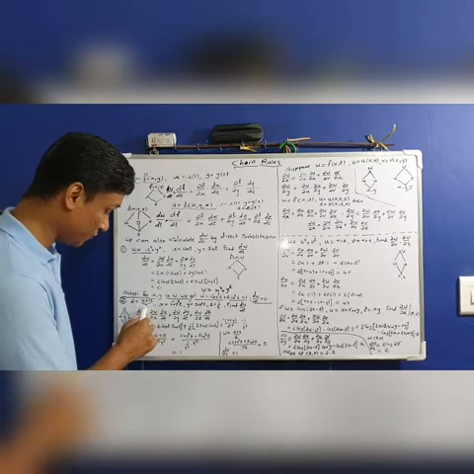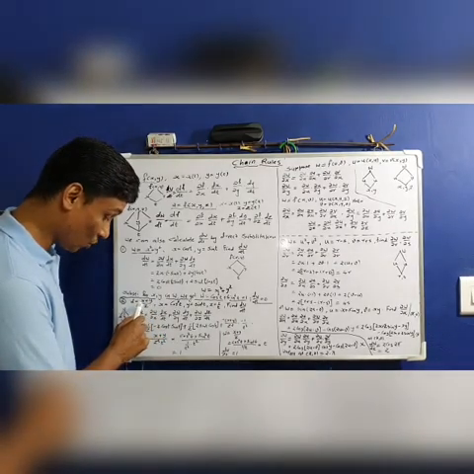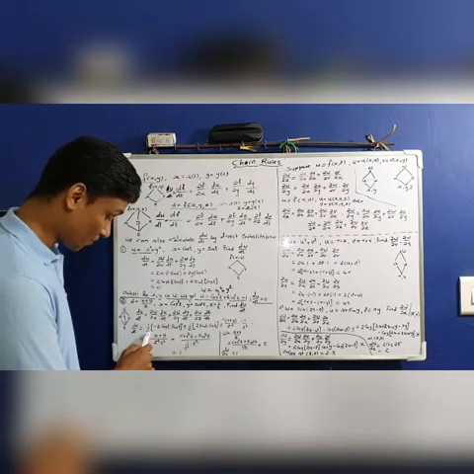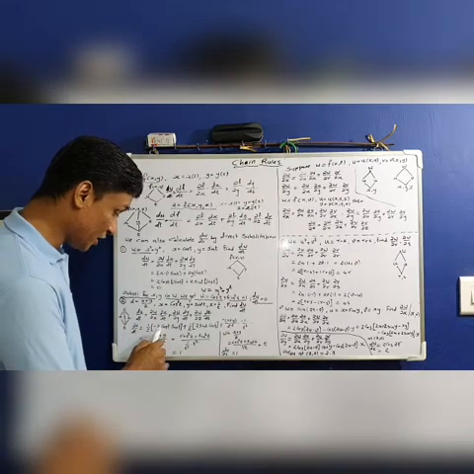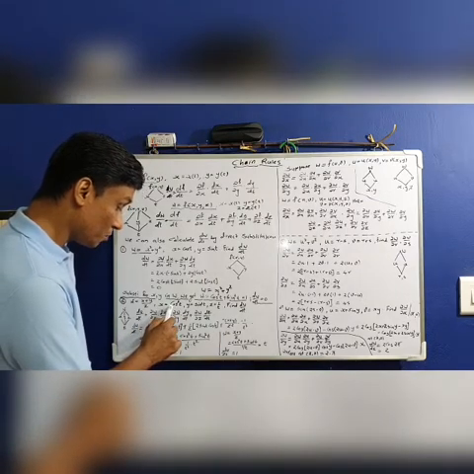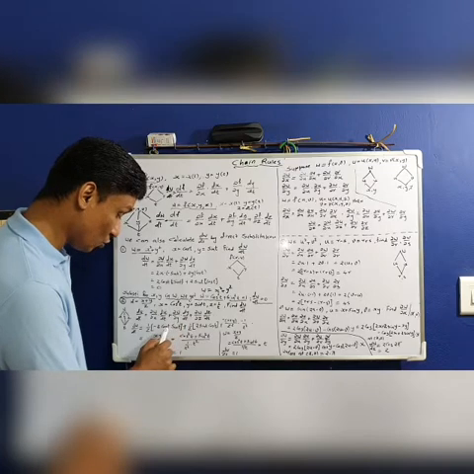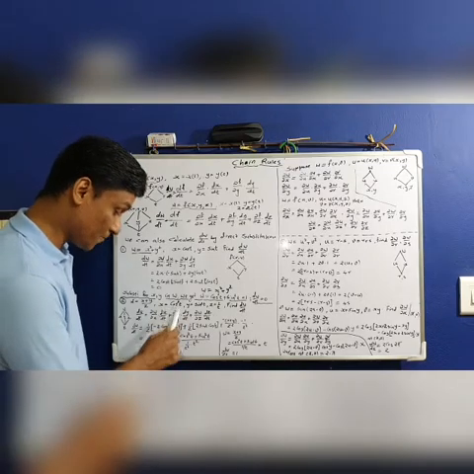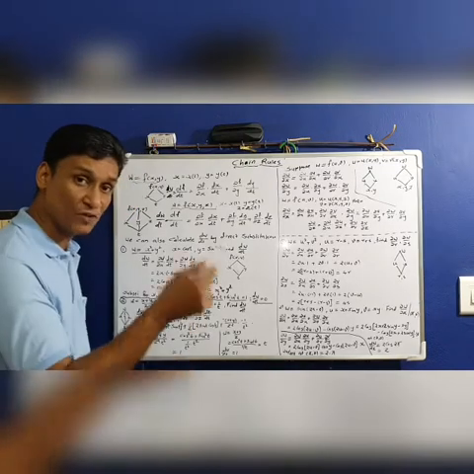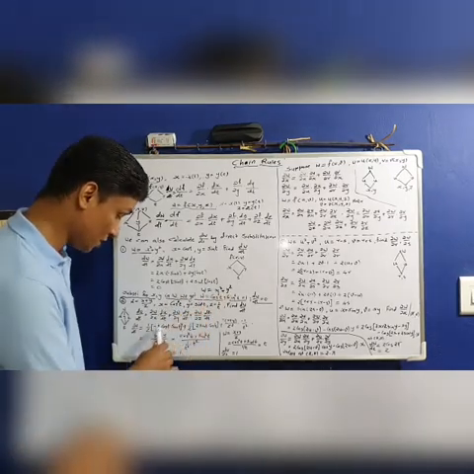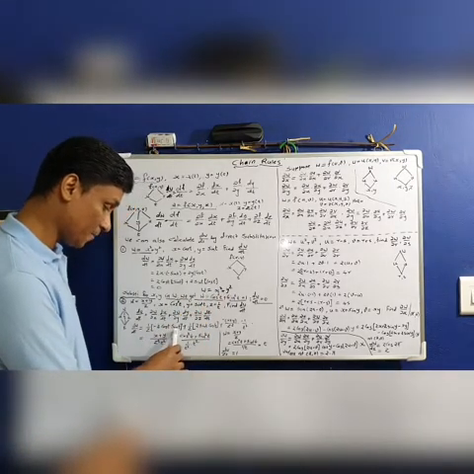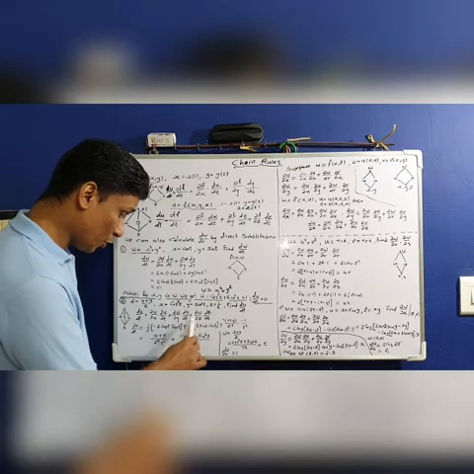So when you differentiate this with respect to x alone, you get 1 by z into dx by dt. Dx by dt is 2 cos t into the differential of cos t, that is minus sin t, so that is minus 2 cos t sin t, plus dou w by dou y.